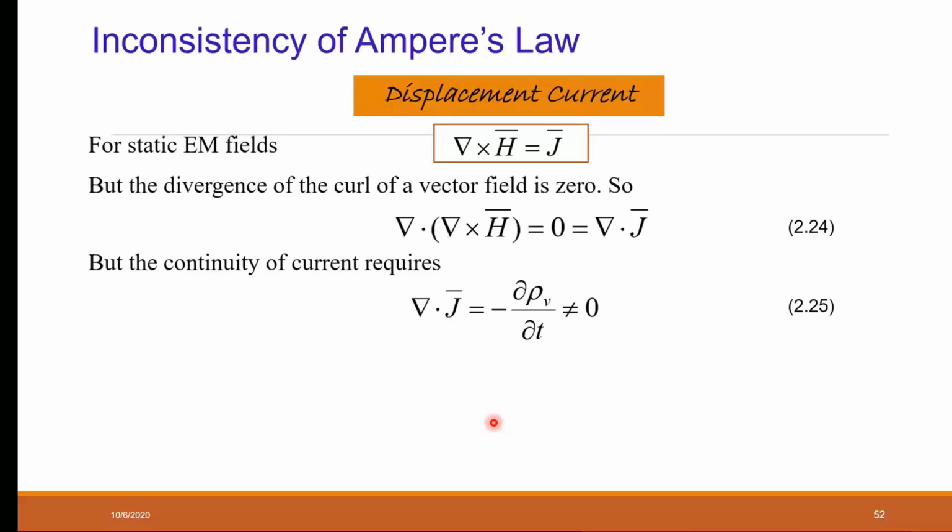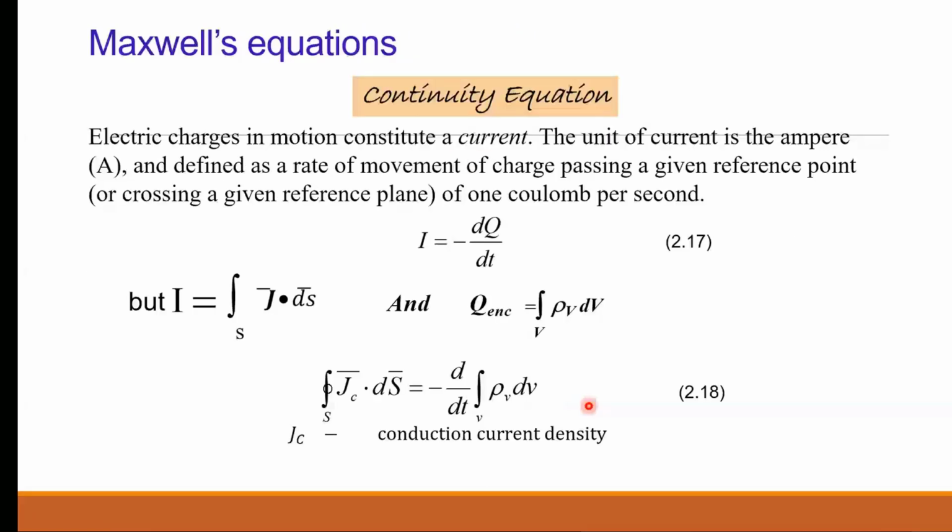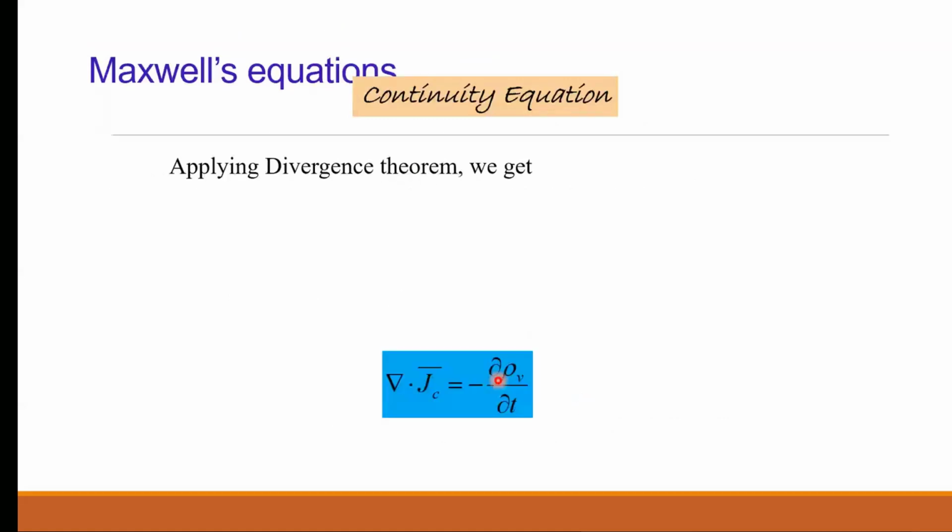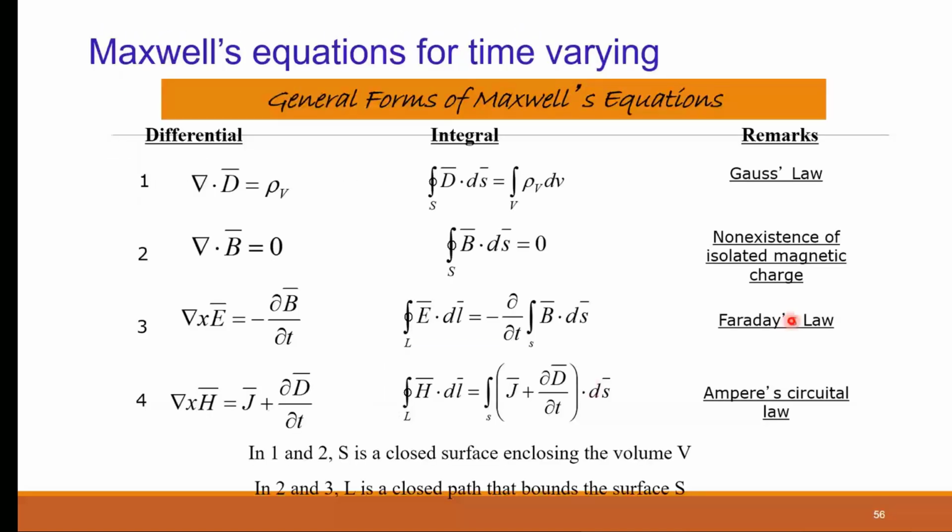This is the integral form of the continuity equation, and its point form is del dot J_c is equal to minus dou rho v by dou t. So these are the 5 equations that are derived for time varying fields: Gauss law for electric field, Gauss law for magnetic field, Faraday's law, Ampere's law, and the continuity equation.